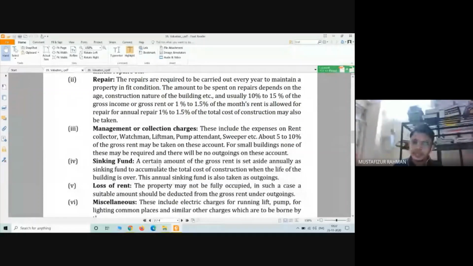So that is sinking fund. This is basically to recover the original cost of construction. In every year we will keep some money. That money plus the interest that money will generate will be equal to the original cost of the building or the property or the structure, whatever we have.